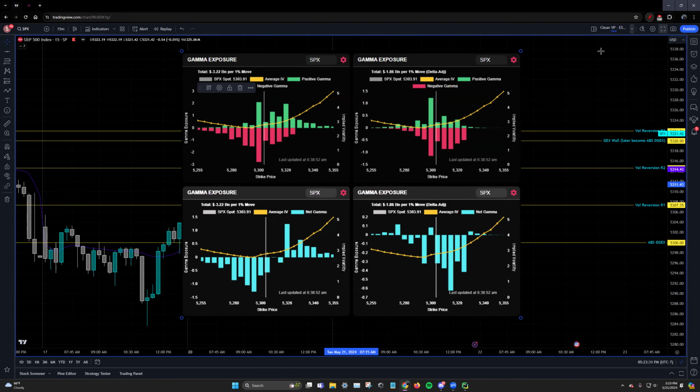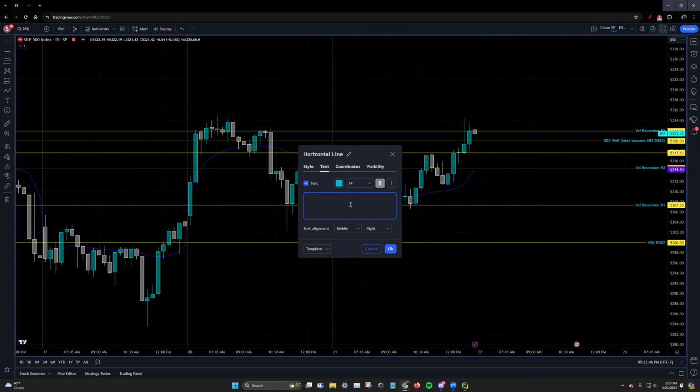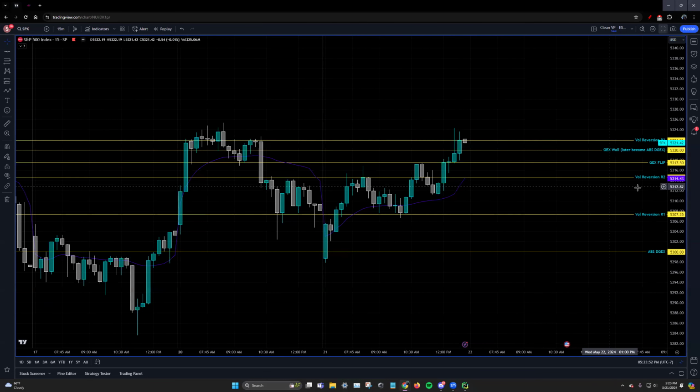We had the defined range of 5,300 to 5,320, and a GEX flip at 5,315, between 5,315 and 5,320. Now that we know that, we can go back into the chart, and usually I put these right in between, at 57.5, the two levels.